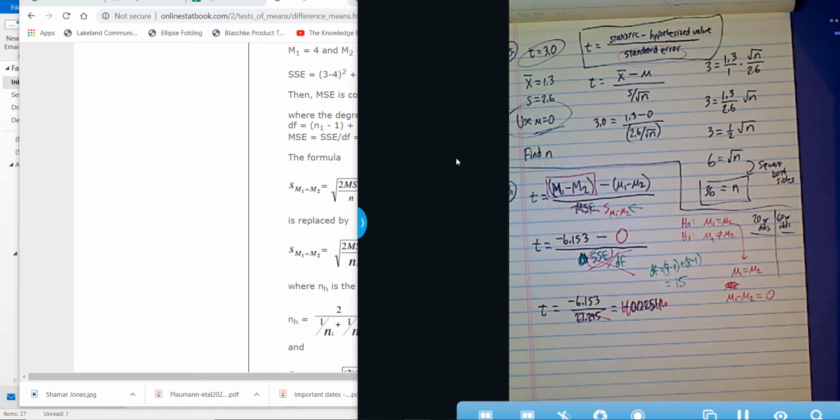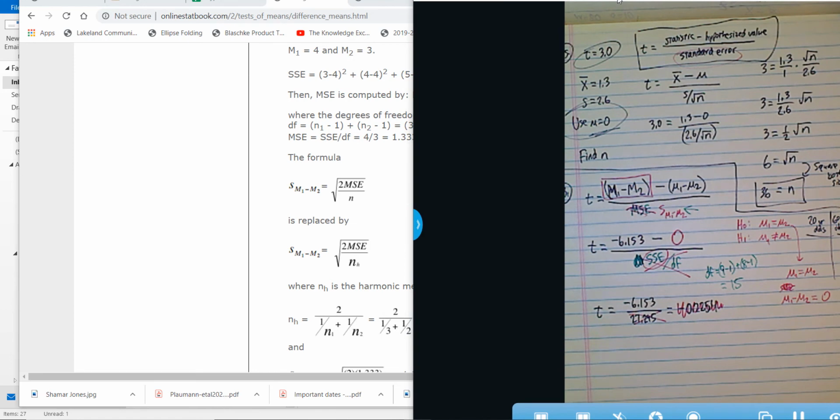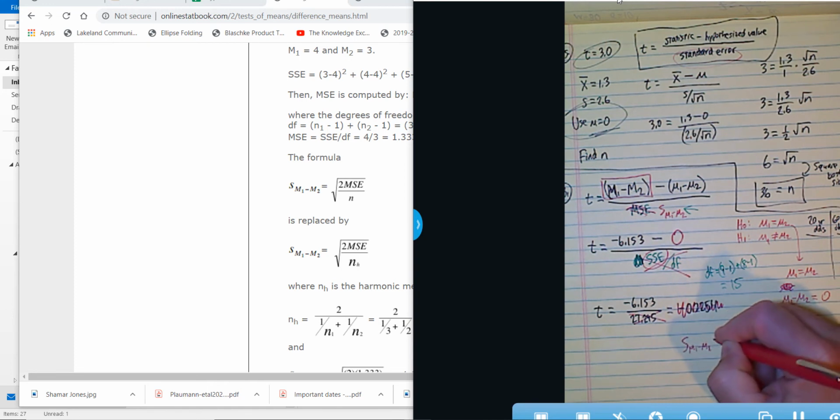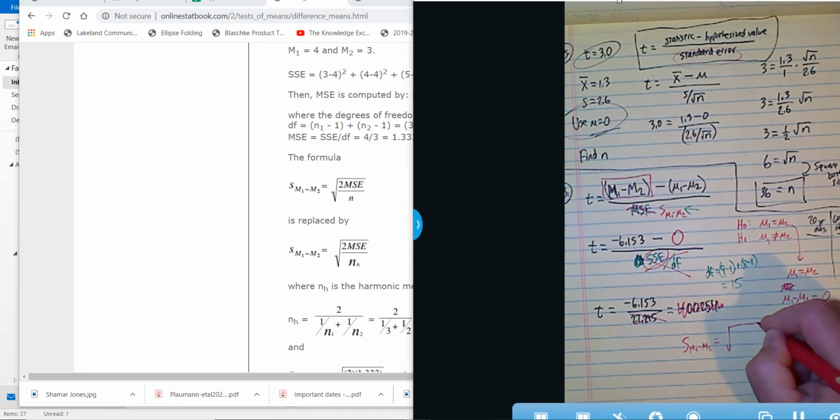Okay. So in the book, they tell me that S of m1 minus m2 is the square root of 2 times this MSE divided by NH, the harmonic mean. What is the harmonic mean?